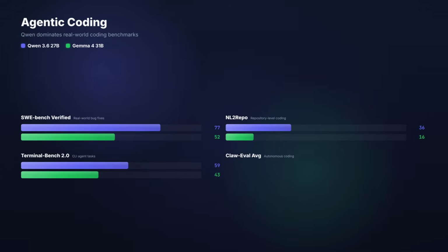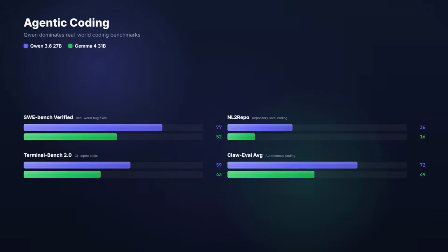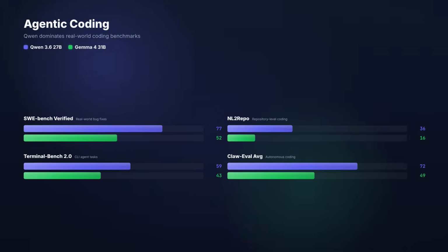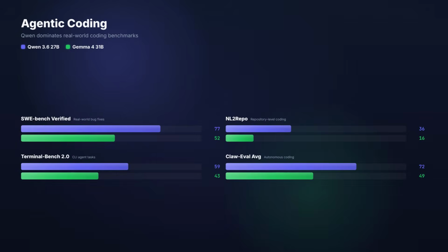Gemma scores 52. On NL2Repo for repository level coding, Qwen more than doubles Gemma, 36.2 versus 15.5. Across SkillsBench, Claw Eval, and Terminal Bench, Qwen leads by 15 to 25 points. If you're building a local coding agent, this is not a contest.